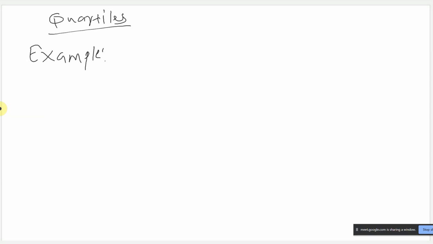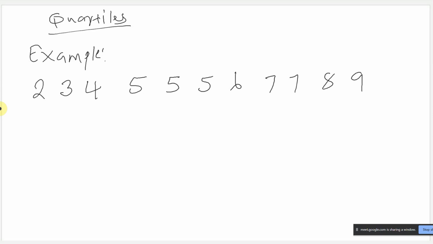So in this example, let's say you have 2, 3, 4, 5, and then another 5 again, then there's 6, there's 7, and then there's 7, then there's 8, there's 9, that is 10 and 10.